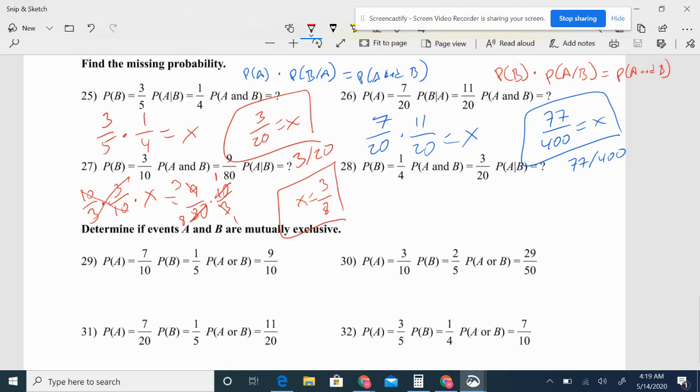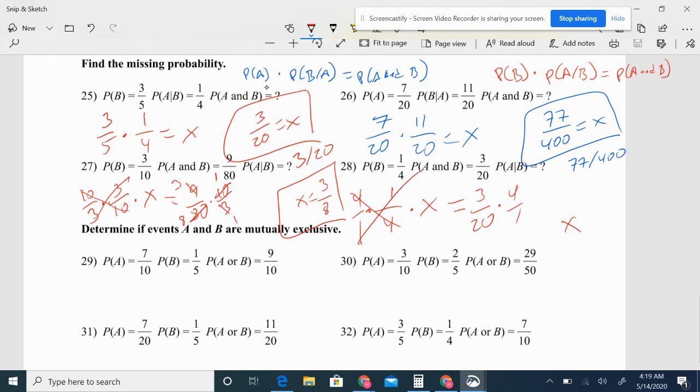Looking at question number 28, I have probability of B, so I'm going to be using the red formula. For the red formula, I have probability of B is 1 over 4 times probability of A not B, it's X. So I don't know what it is. Probability of A and B is 3 over 20. So I'm going to multiply both sides by 4 over 1.